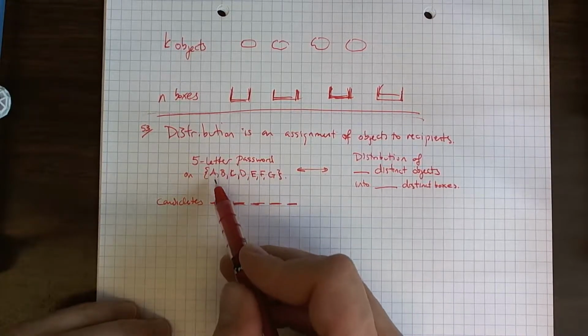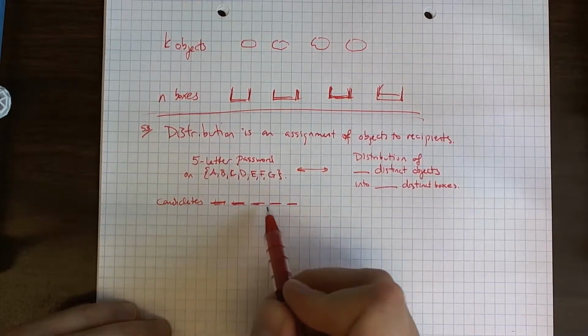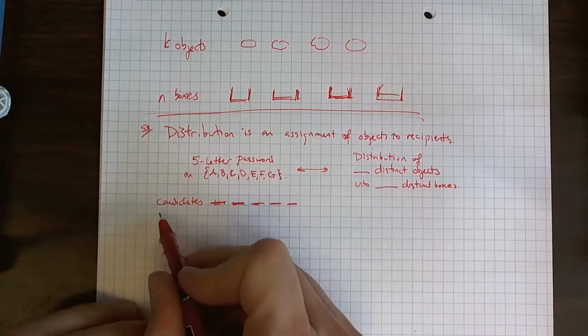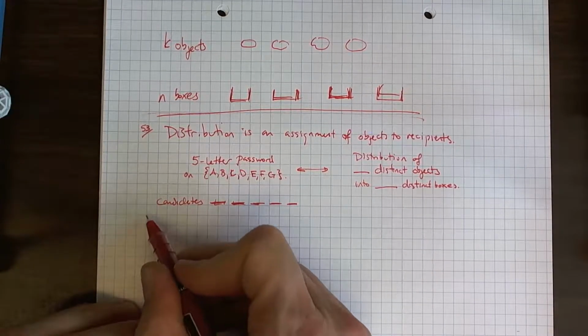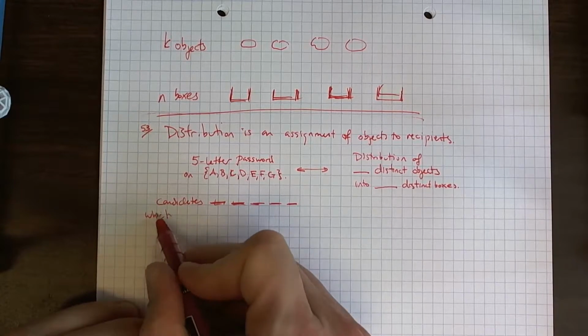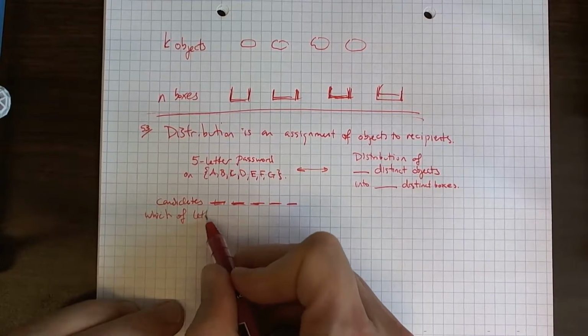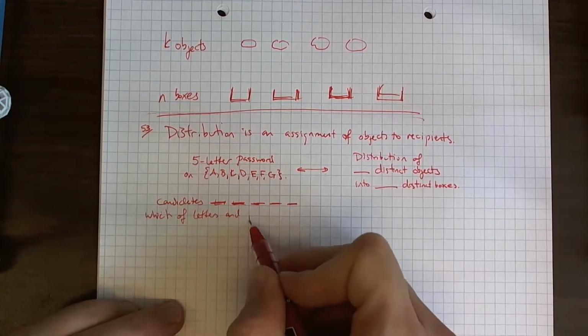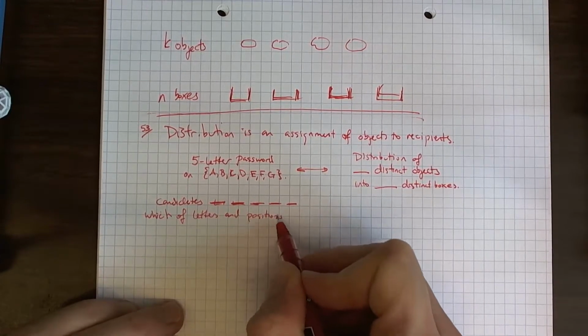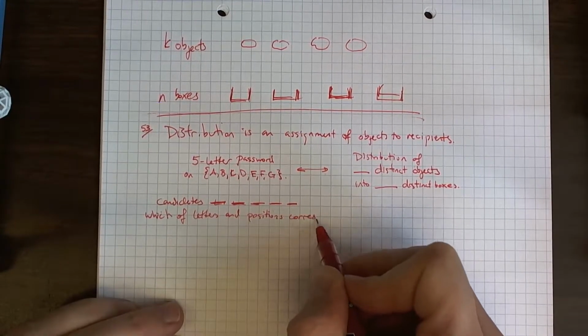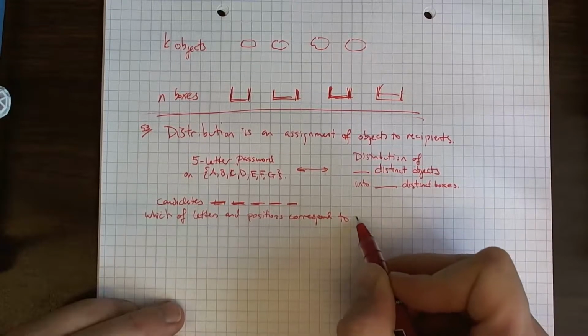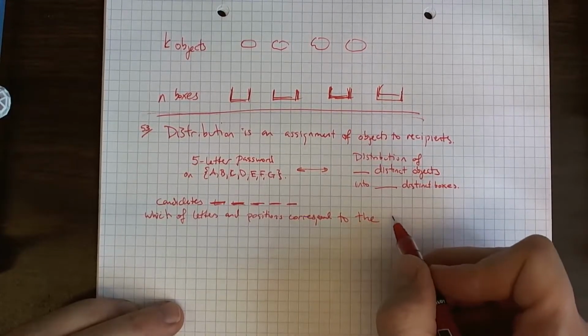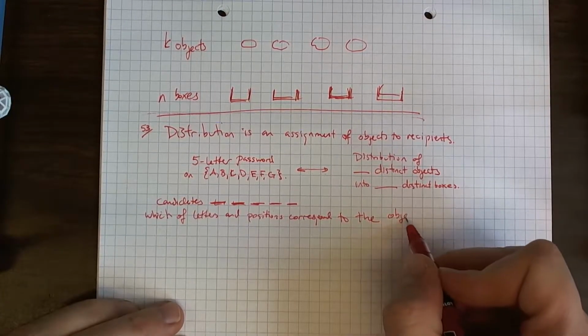So we've got letters and we have positions. And so which of the letters and positions correspond to the objects and the boxes?